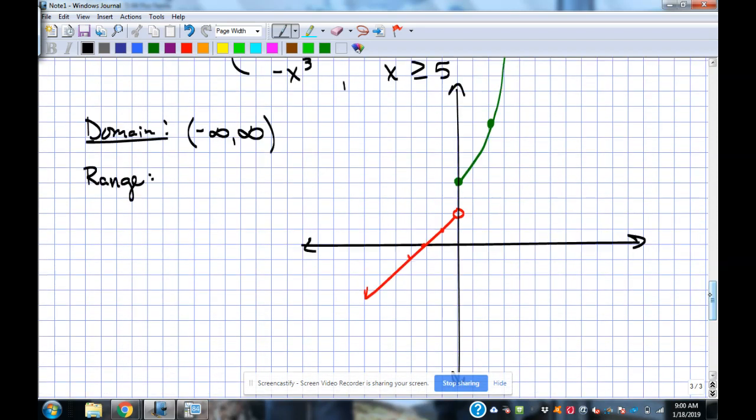And then, so we're going from negative infinity. But what about the red one? What does it do? It keeps going further down. You know, it doesn't have any stopping spots, right? It just keeps going down toward negative infinity. So are all of these numbers between negative 125 and up here covered? Yeah, they are. So we're not skipping any y values.